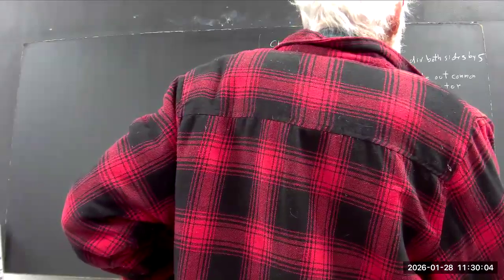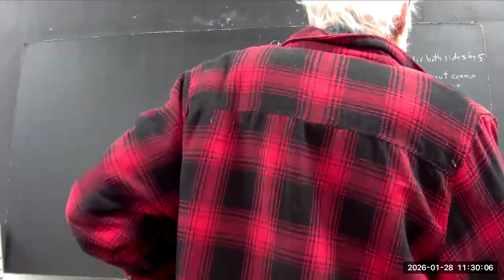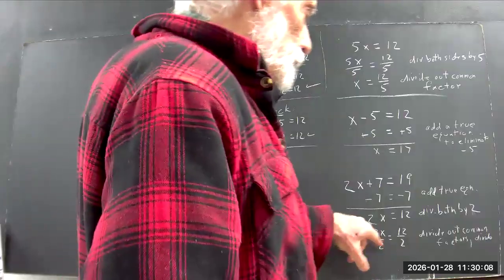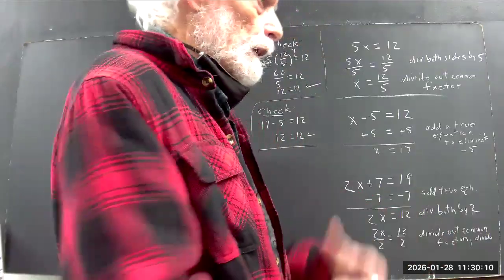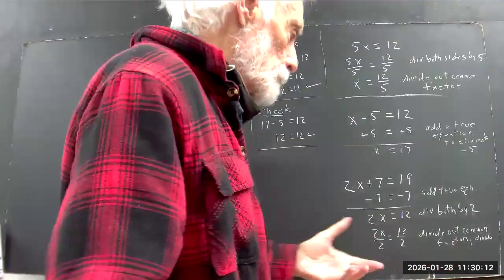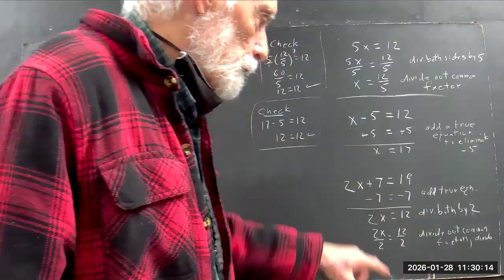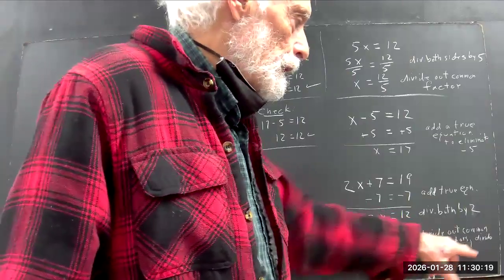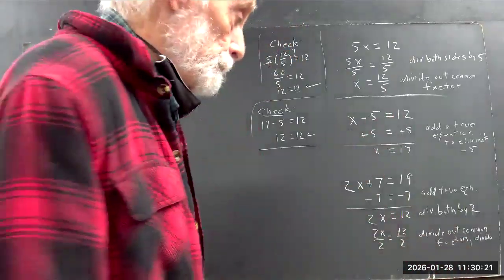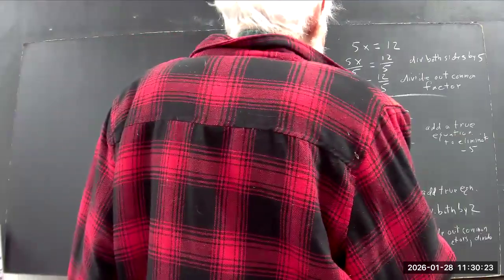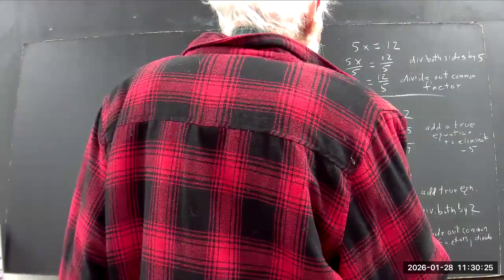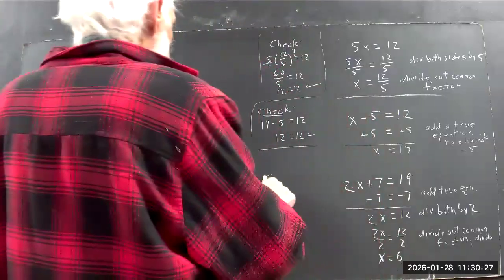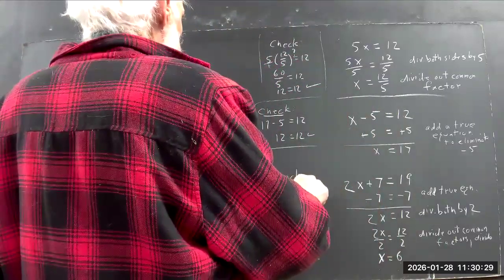And then we just divide. And by that, I mean, on the left-hand side, we divide out common factors. I don't want to write all that out. You'll go to sleep on me. On the left, the common factor is 2. And then just divide 2 into 12. That leaves us with x equals 6. We check.